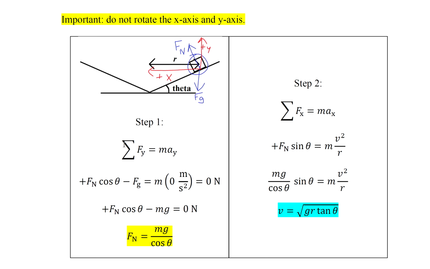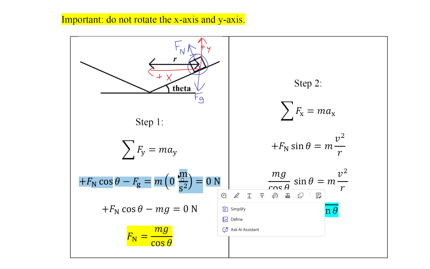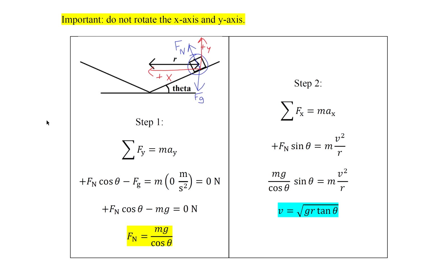So step 1, sigma F sub y equals ma sub y. The forces in the y direction is force normal cosine theta minus force of gravity. And this object is not jumping up and down, so acceleration on the y-axis is 0. So we have an equation for the vertical motion.